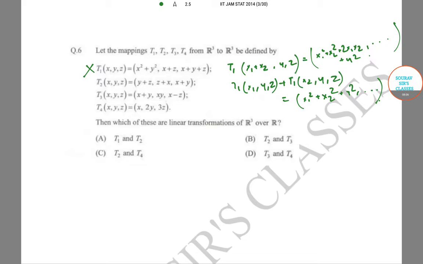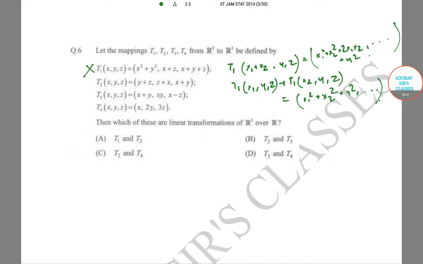a linear transformation. T2 is a linear transformation because in each of the terms we have y plus z, z plus x, x plus y. However, we will need to check T2. I'll just do it later.